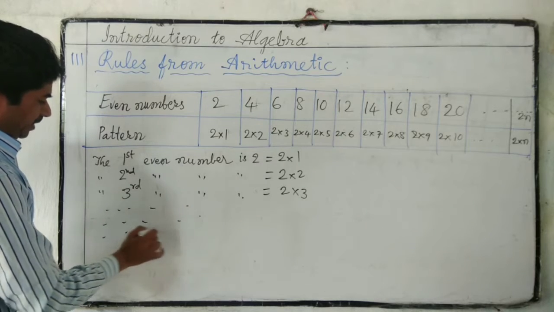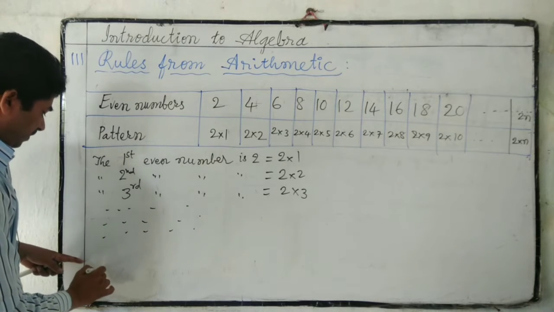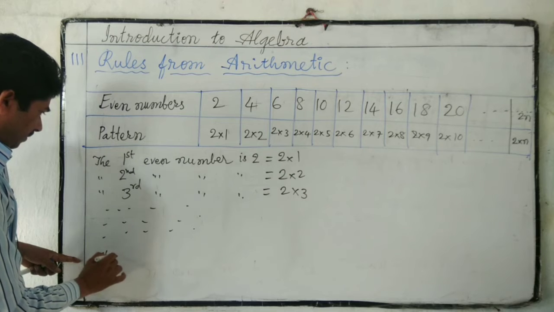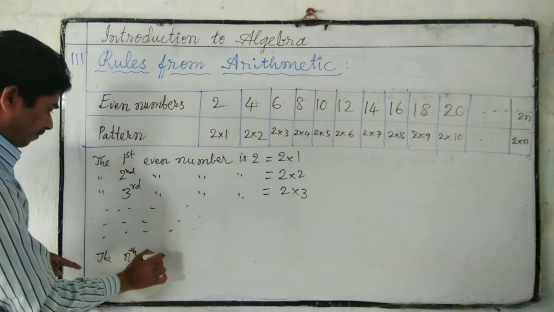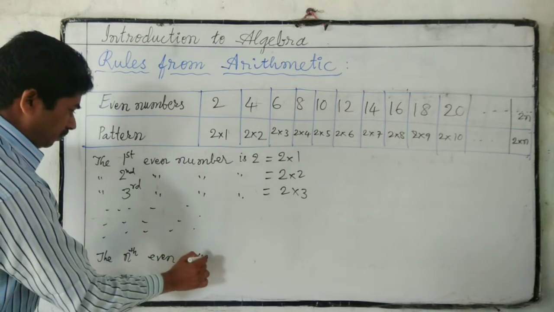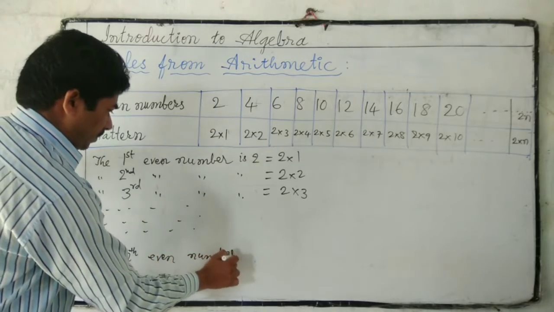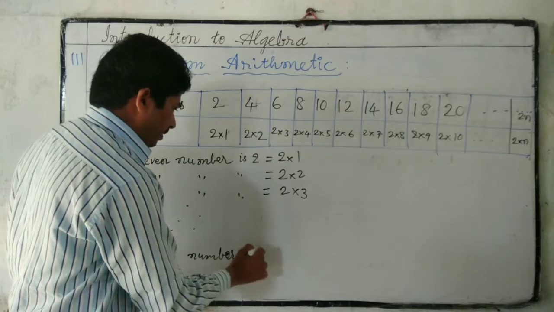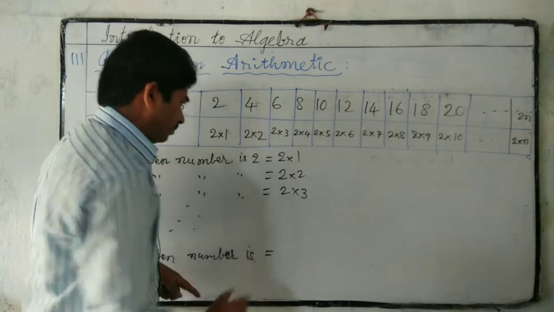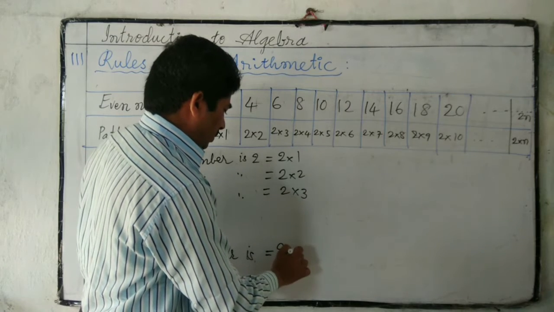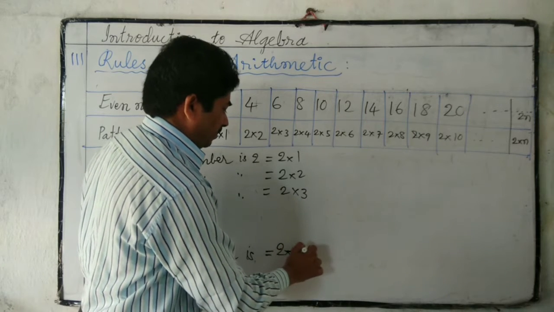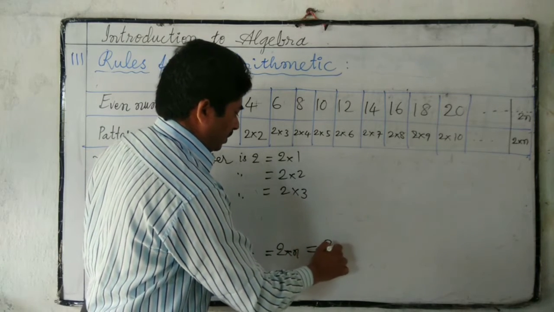We can write like this: the nth even number is 2 into n, that is 2n.